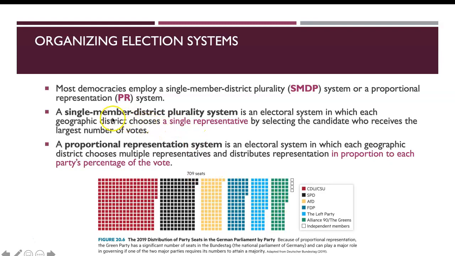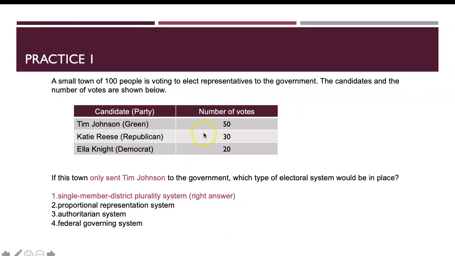So I'm going to use an example to illustrate what an SMDP system is and what a PR system is. For example, a small town of 100 people is voting to elect representatives to the government, and the result is like this: Tim Johnson has 50, Katie Reese has 30, and the Democratic representative Ayla has 20. If this town only sends one person to the government, this system is an SMDP system, the single-member district plurality system.